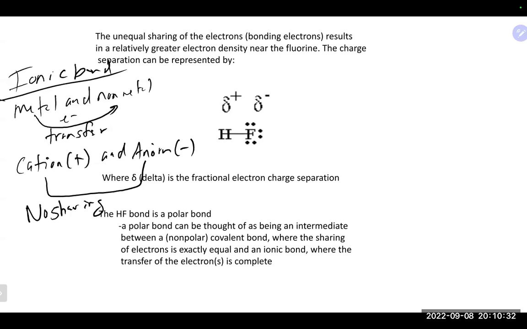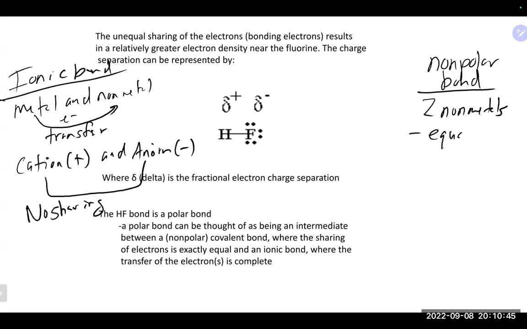On the other end of the extreme, we have a nonpolar bond, which is covalent, always between two nonmetals, where we have equal sharing of electrons, like our F2 example, our H2 example. And we have nice equal sharing of electrons where there really is no side that's more positive, no side that's more negative.